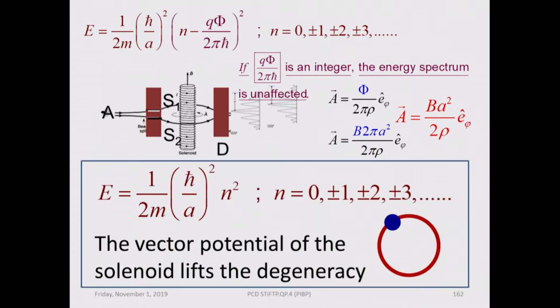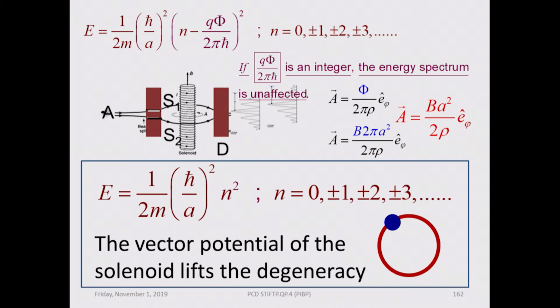And this is similar to the problem of a charged particle which is constrained to move around a ring. If you solve this problem, you do have this degeneracy. This is the same problem as what we discussed above in that solenoid diagram, except that there is no vector potential over here. And this is the point I was making: when you add the vector potential, you can do so because of the current in the solenoid.